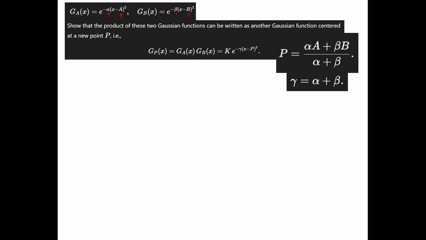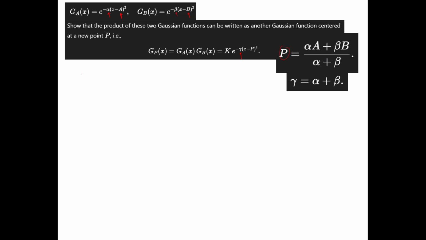Now you can prove that if you take the product of these two Gaussians, this actually gives you another Gaussian with the exponent gamma, where gamma is alpha plus beta, the sum of the individual Gaussian exponents. And this new center P is basically alpha A plus beta B divided by alpha plus beta. So we'll prove that. Okay.